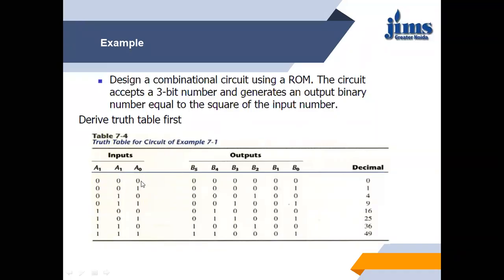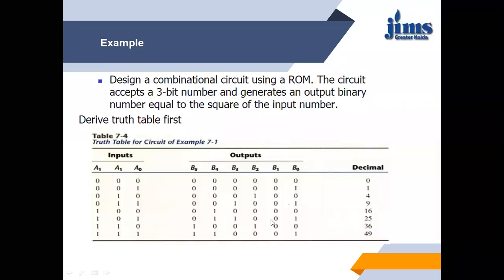When the input is 0, the square of 0 is 0. When the input is 1, the square of 1 is 1. When the input is 2, that is 0 1 0, the square of 2 is 4, so we have 1 0 0. When the input is 3, the square is 9, and we have represented 9 in this way. When the input is 4, 16 is the output.